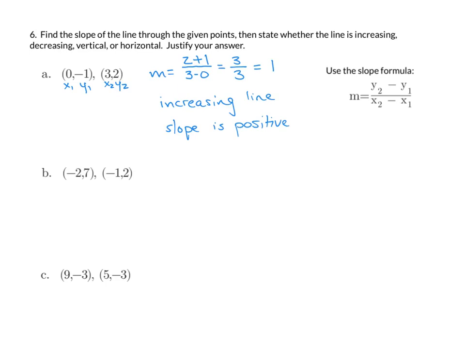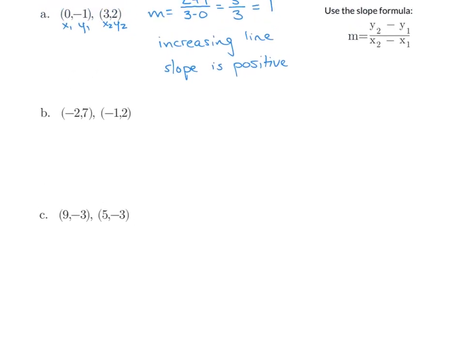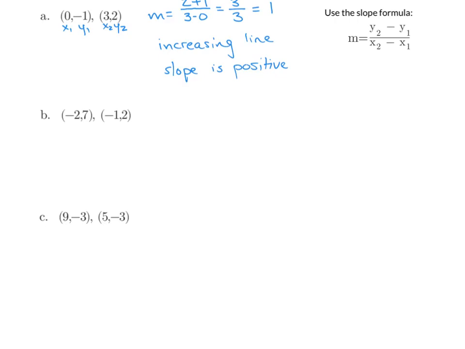All right, let's try a couple more. B. Again, I'm going to label my points, x1, y1, and x2, y2. If we plug in, we get m equals 2 minus 7, subtract your y coordinates, over, subtract your x coordinates. We get -1 minus -2 becomes +2.